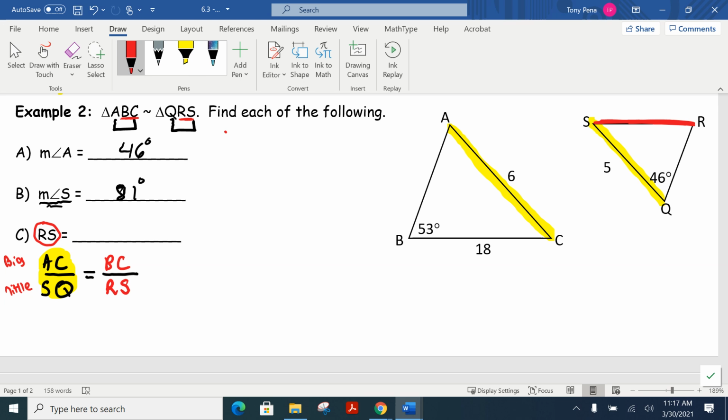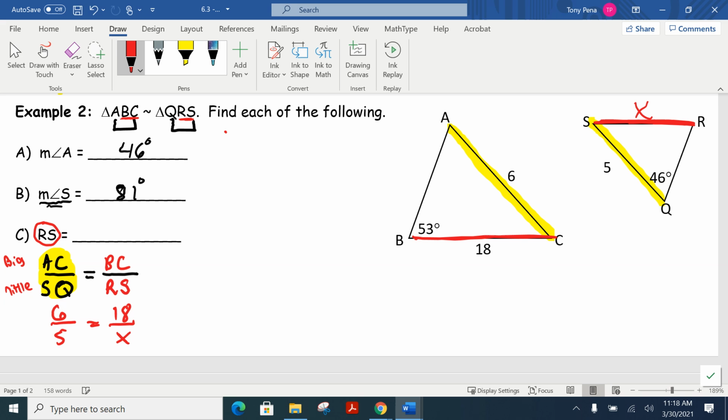So now let's actually throw in some values. Don't I know that AC was 6? So put the 6 right here. SQ we know. SQ was 5, so you're going to let that be a 5. BC we know. That's 18. RS we don't know, so I'll let that be the X that we need to solve for.